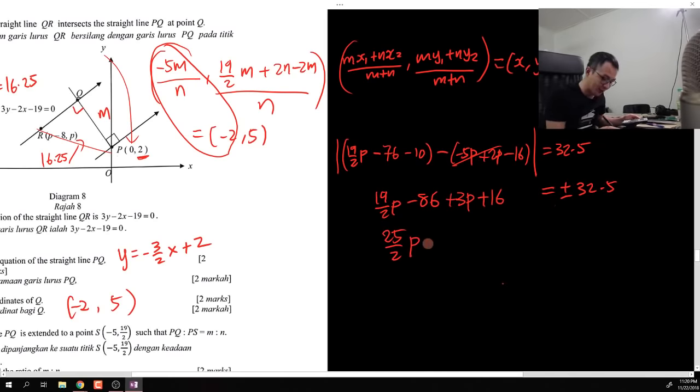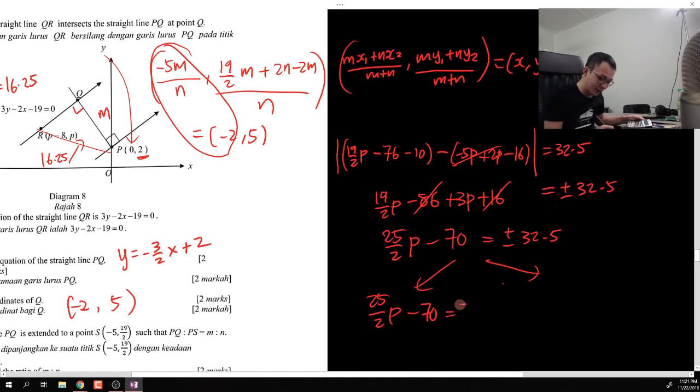This one, you will get minus 70 equals to plus minus 32.5. Alright, so I have two choices here. 25 over 2p minus 70 equals to 32.5, or 25 over 2p minus 70 equals to negative 32.5.